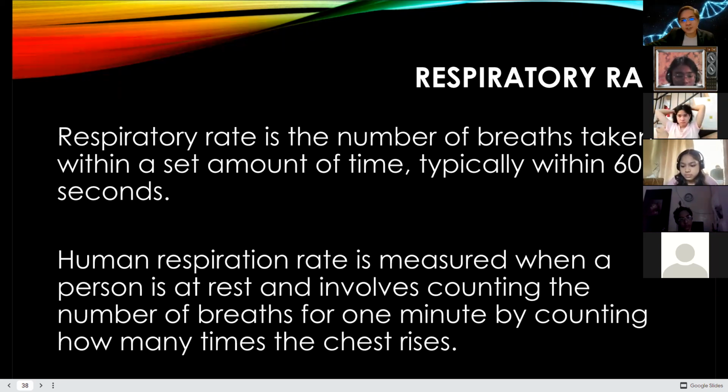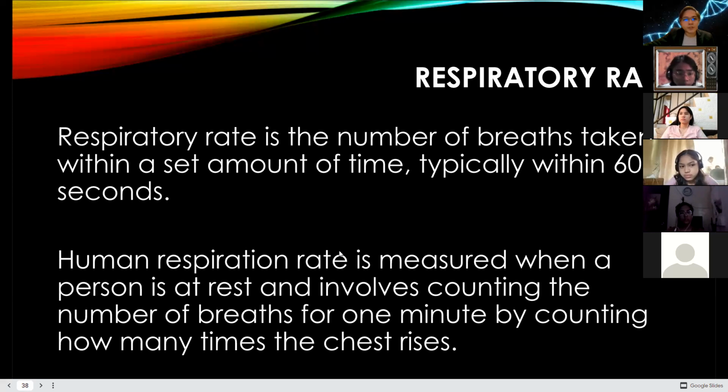O2 saturation, or the amount of oxygen in your blood or in your body, is called O2 sat. So these are the abbreviations. Respiratory rate or RR is the number of breaths taken within a set amount of time, typically within a minute. So the breaths, inhale and exhale, are actually counted.